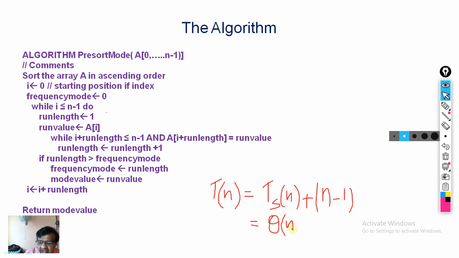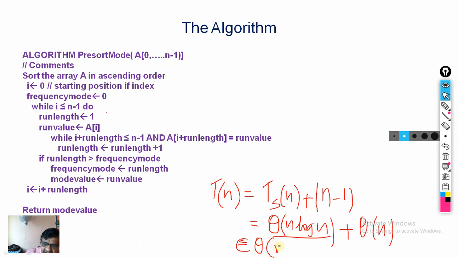Therefore, this is theta of n log n, and this is big theta of n. Among these two terms, this is the biggest, the significant or the largest term. Therefore, the time consumed in finding the mode of a presorted array happens to be big theta of n log n.